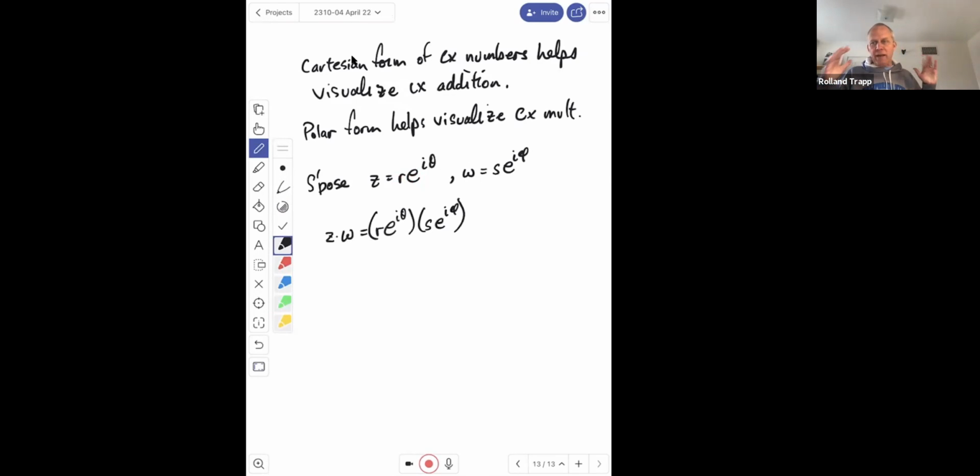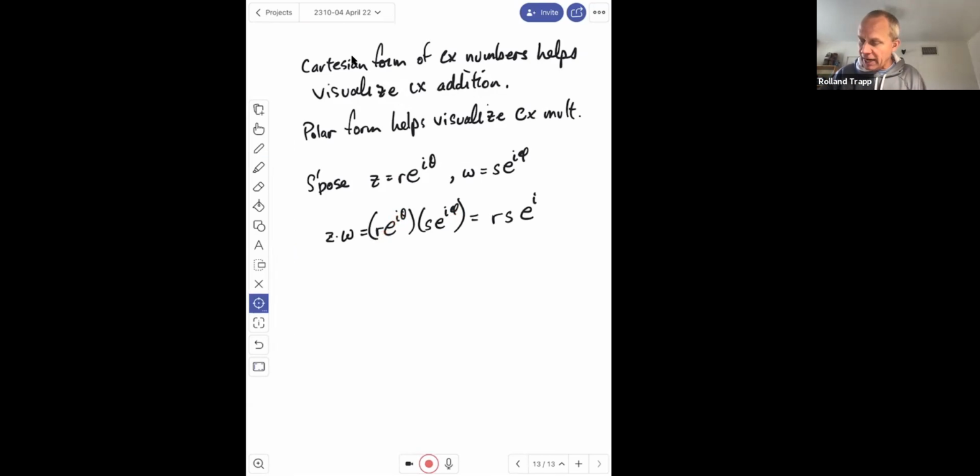And here is the absolute miracle of miracles, that all of your algebra and arithmetic with exponents still works in this much more general context. So this just becomes rs times e. And what do you do with exponents?